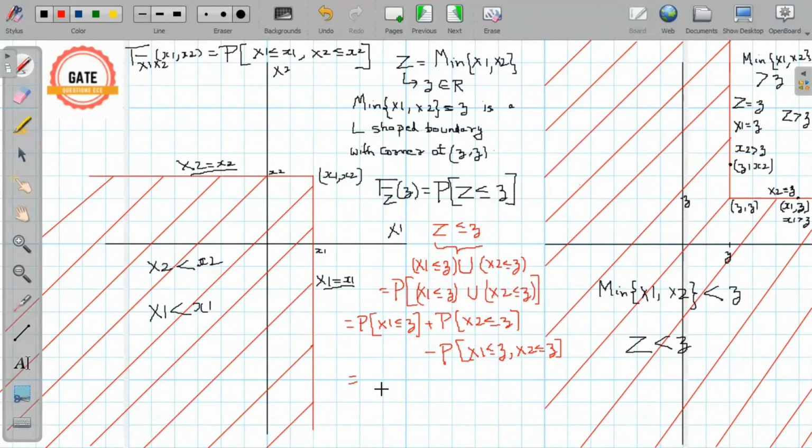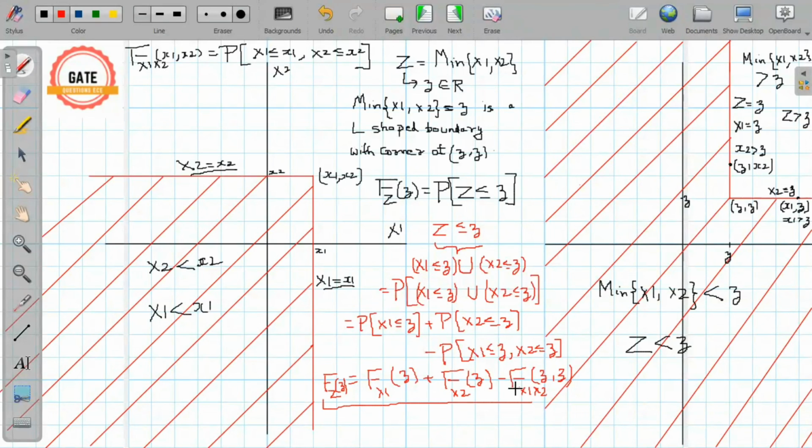We know the first probability is nothing but the CDF of x1 at the sample value z. This is the CDF of x2, and this is the joint CDF of x1 and x2. So we can write it as F x1 x2 of z comma z. So that is the relation between the CDF of Z and the marginal and joint CDFs of x1 and x2.